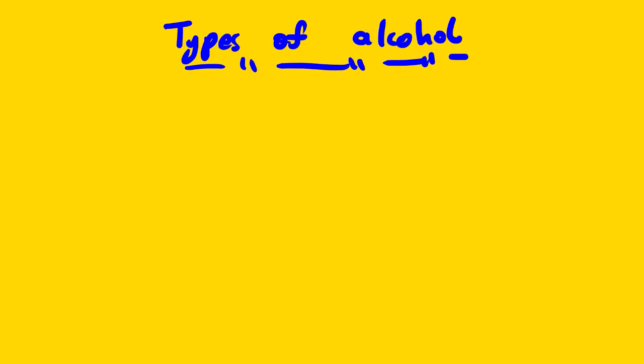Now, in order for you to identify the type of alcohol we have, you have to check the carbonyl carbon atom, which is the carbon that is attached to the hydroxy group or OH. Then you should be able to know which type of alcohol we have. If the carbon bonded to the hydroxy group is also bonded to one other carbon, it belongs to the primary.